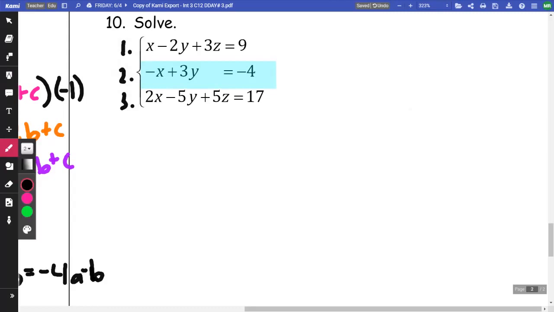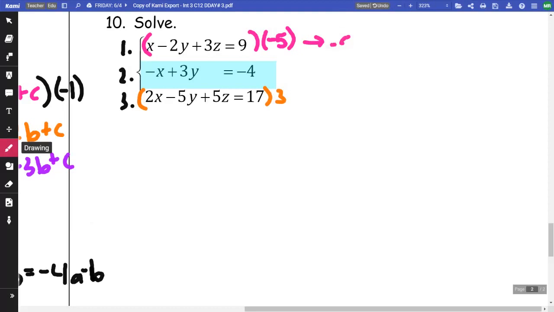So I am going to multiply the top equation, equation 1, by a -5. And I'm going to multiply the bottom equation, let's say, by a 3. So I get a -15z and a +15z. Okay.